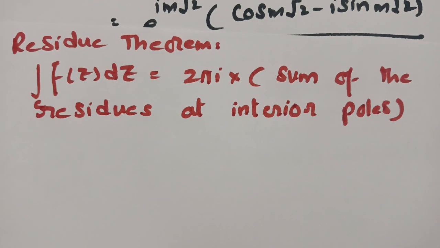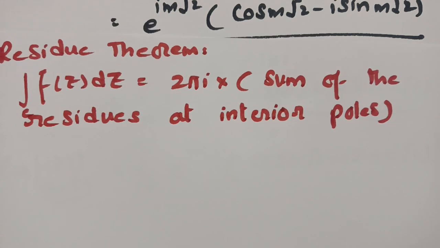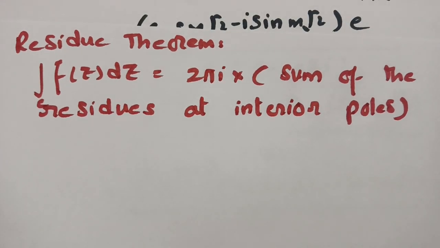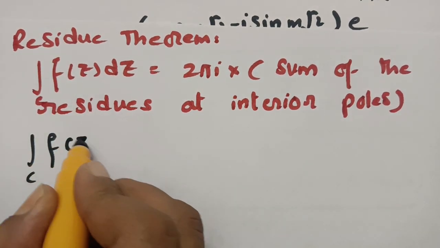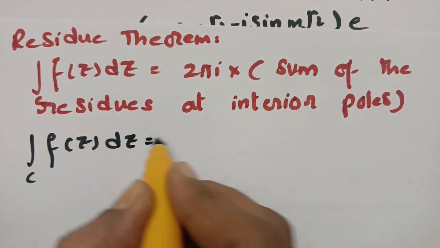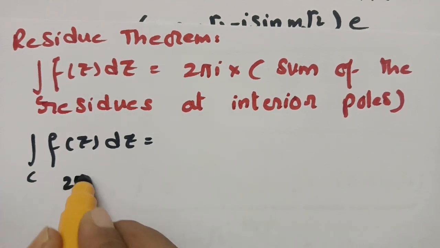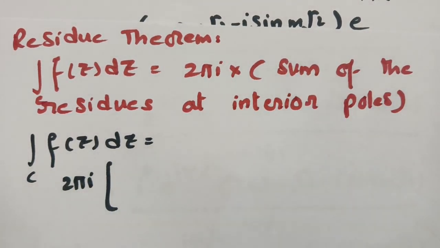So this integral over C of f of z dz is equal to 2 pi I times the sum of the residues.